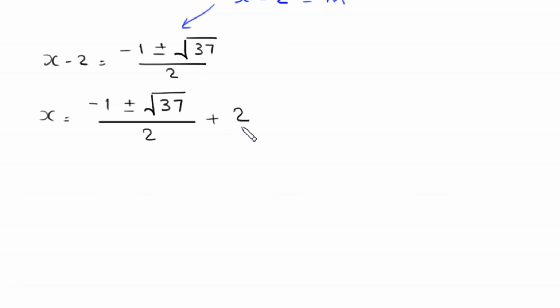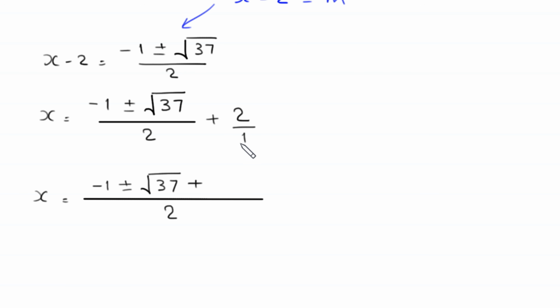Now we can write the denominator of these two as 1, and x will be equal to, we take the LCM of this 2 and this 1. The LCM is 2, and 2 divided by 2 is 1 time this expression, -1 plus minus root 37, plus 2 divided by 1 is 2 times this 2 is 4.